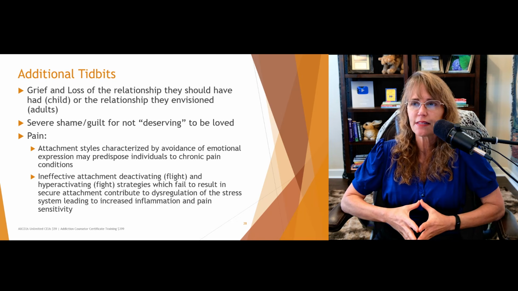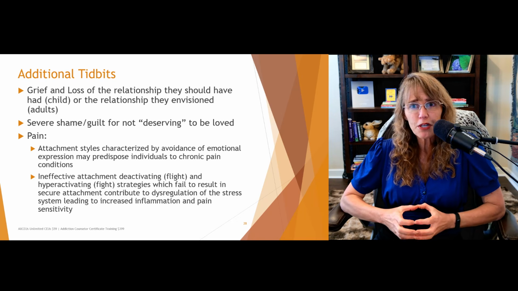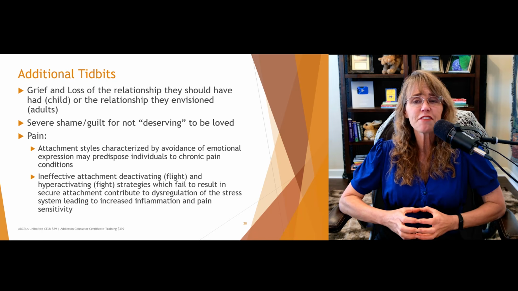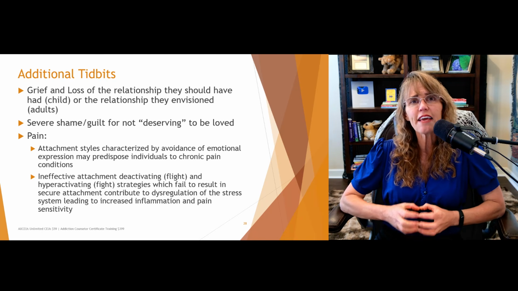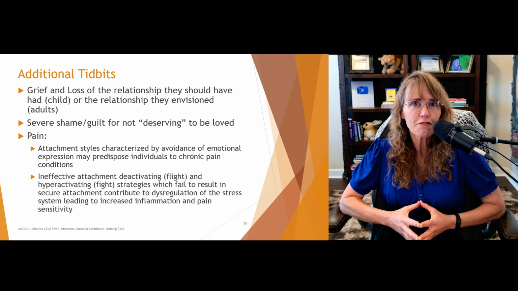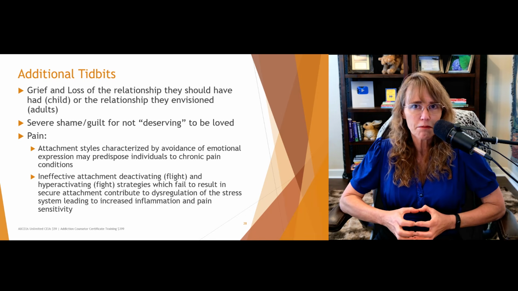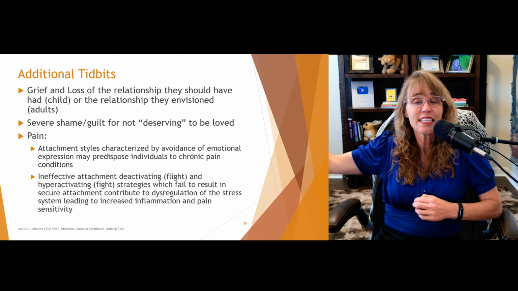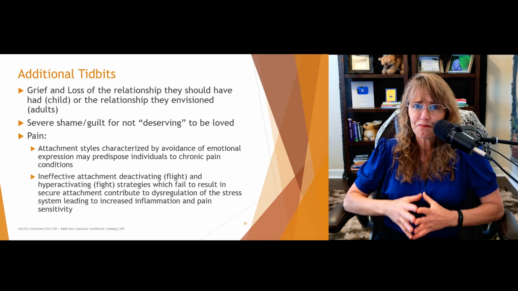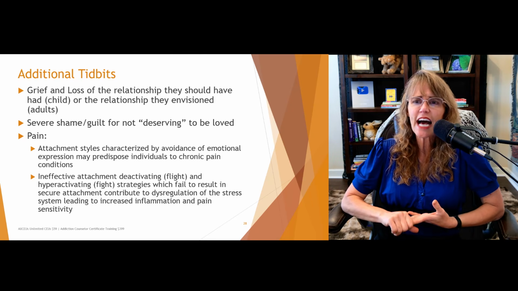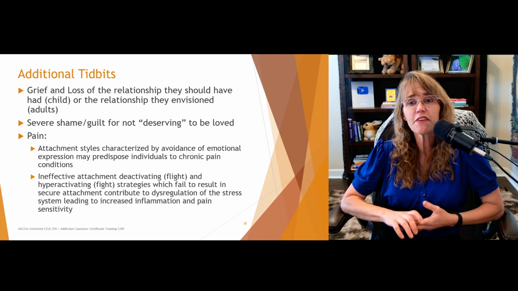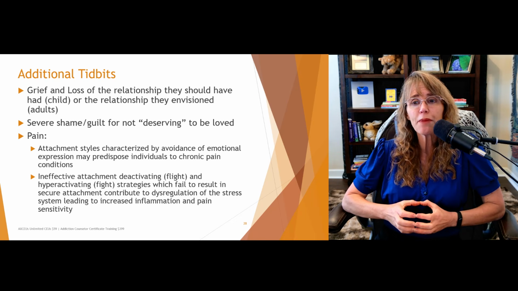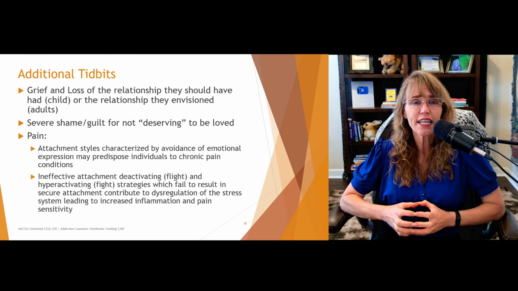A lot of people who have insecure attachment have severe shame or guilt, and they feel like they don't deserve to be loved because their caregiver didn't love them, or their relationship person as an adult didn't love them and abandoned them. Additionally, attachment styles characterized by avoidance of emotional expression may predispose individuals to chronic conditions.